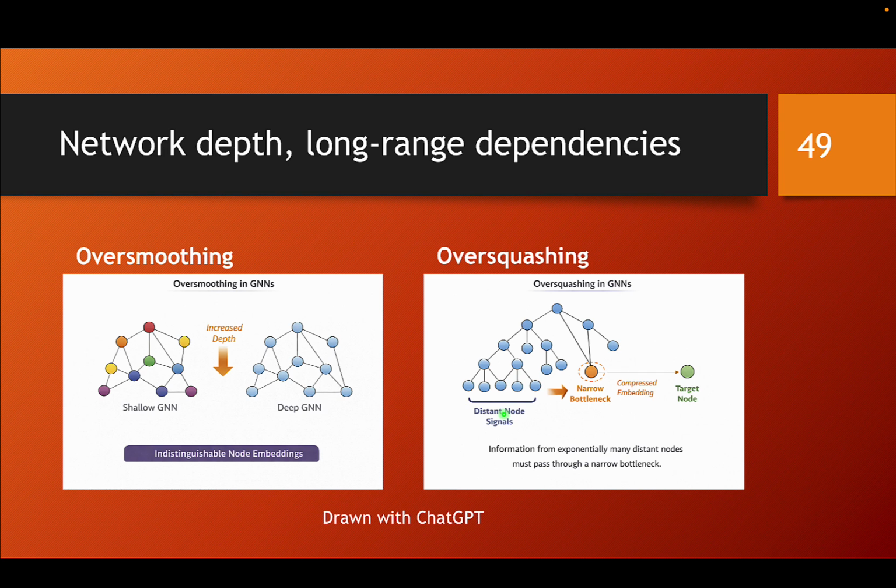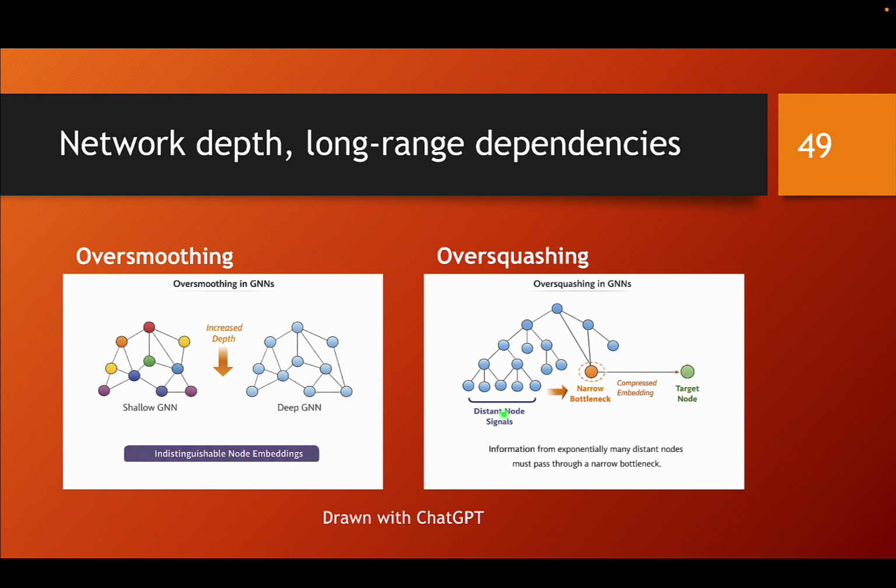So the empirical rule of thumb is that in GNNs, 2 layers are often optimal and 5 or more layers often degrade performance. In our social network example, in a dense community, after many layers, everyone's embedding becomes similar and users become indistinguishable. As a concrete explanation, if everyone averages everyone repeatedly, then individuality eventually disappears.